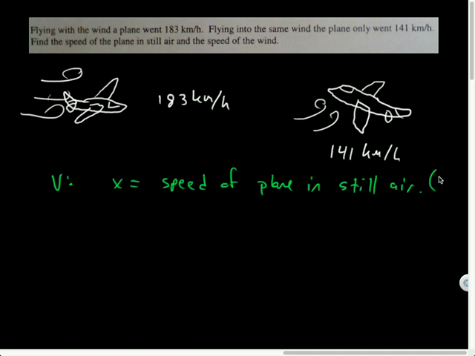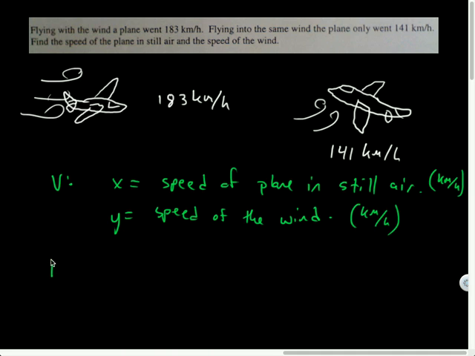Yeah, that's probably better than light years per eon. So kilometers per hour, because I don't want to have to convert these. They're already in that, so that makes sense. And then the other variable is the speed of the wind, y, and that would also be in kilometers per hour. Bam.